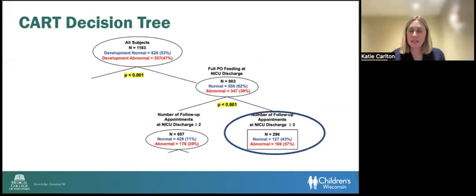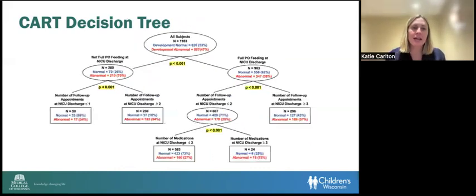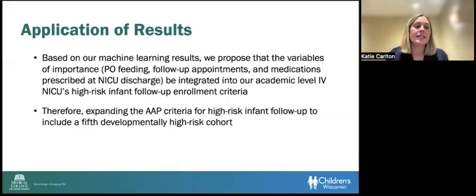So this decision tree includes whether they fed or not, and then whether or not they had high appointment utilization with subspecialists at NICU discharge. The AUC of this overall CART model was 0.74 with the training cohort, with 67% sensitivity and a 73% specificity.